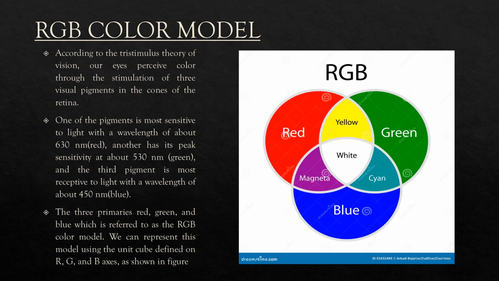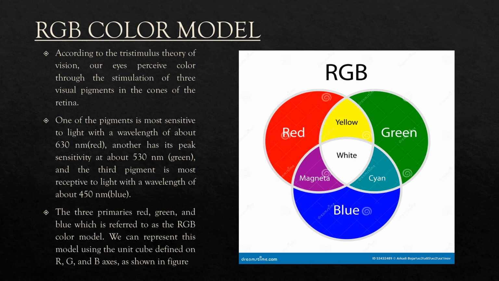RGB color model, where R indicates red, G indicates green and B indicates blue, and the combination of them can form different colors. According to the tristimulus theory of vision, our eyes perceive color through the stimulation of three visual pigments in the cones of the retina.